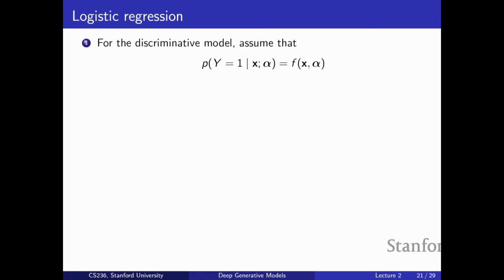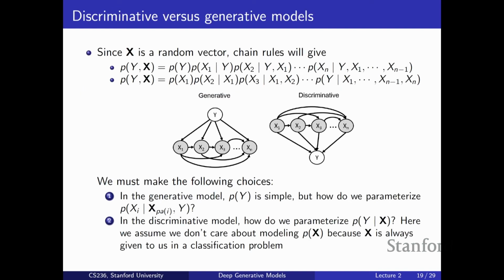In the discriminative model, you still need to be able to model this conditional distribution of y given all the x's. And again, that's not straightforward because if you think about all these features here, let's say they are binary, there are 2 to the n possible feature vectors that you have to deal with. For each one of them, when you look at this last conditional here, it's the same as before, right?